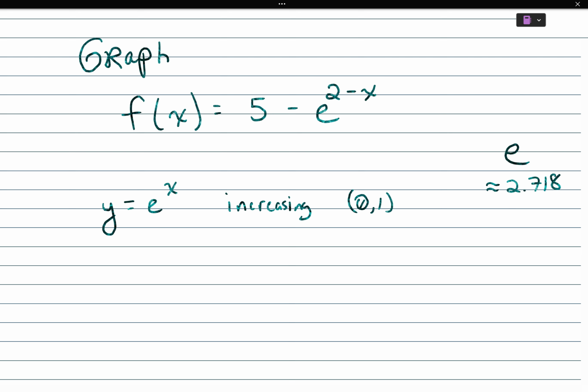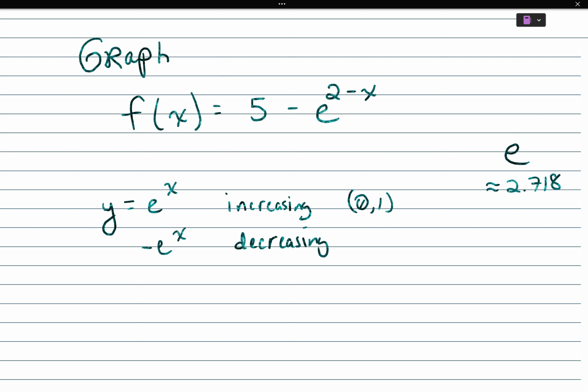If we place the negative on it, then we have to know that it's going to be a decreasing exponential function, right? So that is going to be decreasing.